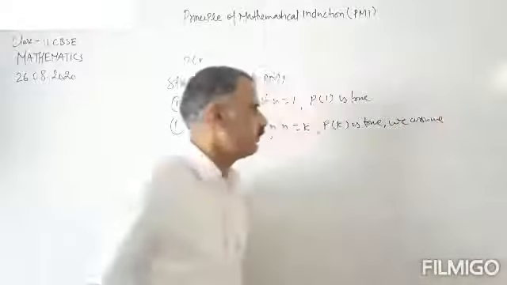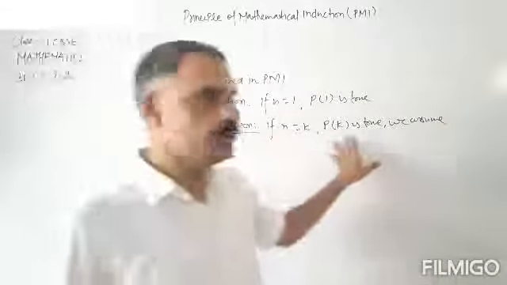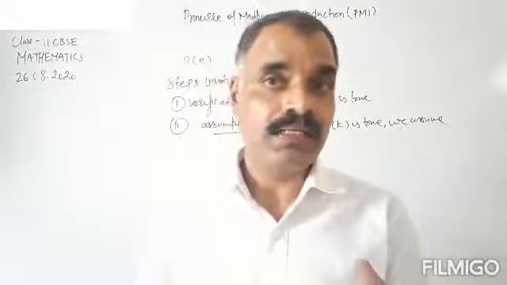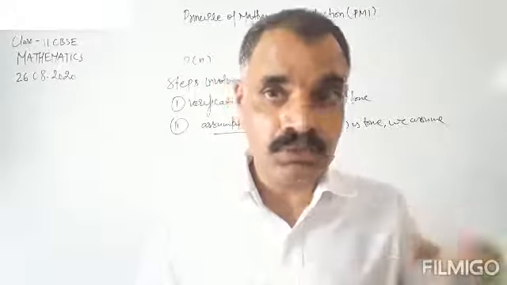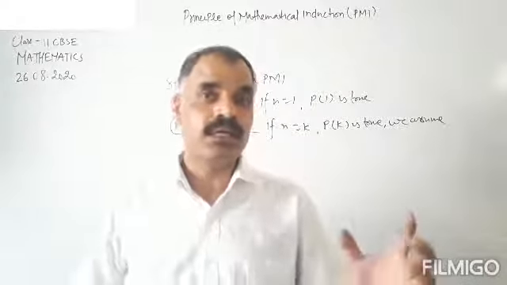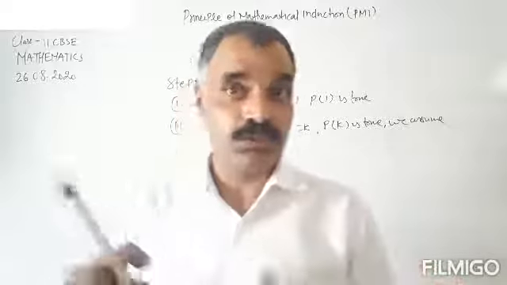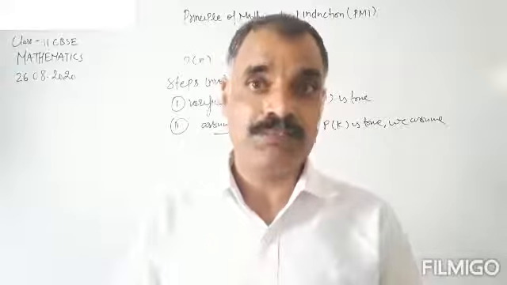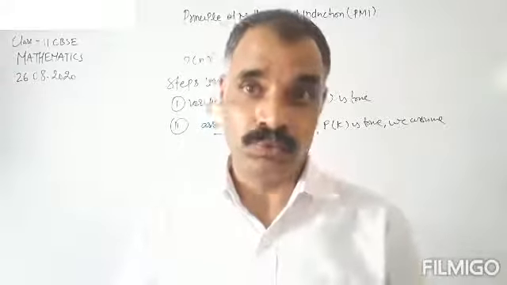We assume that if n equals to k, then Pk is true. This is the second step. Here in this step there is no difficulty, as we are just assuming that the given statement is true.